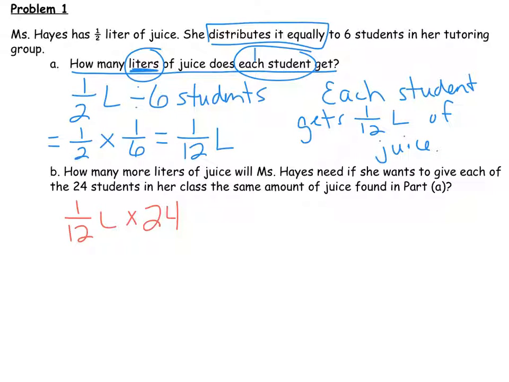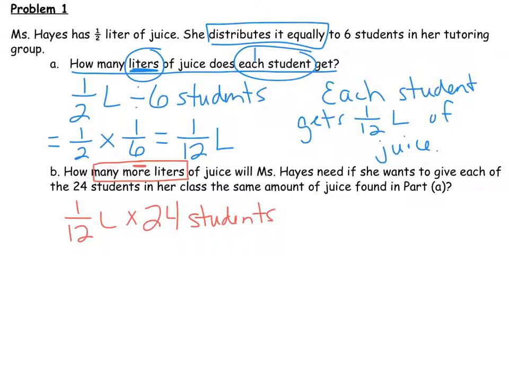So it's going to tell me my total amount of juice. But remember, I've got to figure out how many more liters. So I know eventually I'm going to have to subtract. So 1/12 times 24 students.